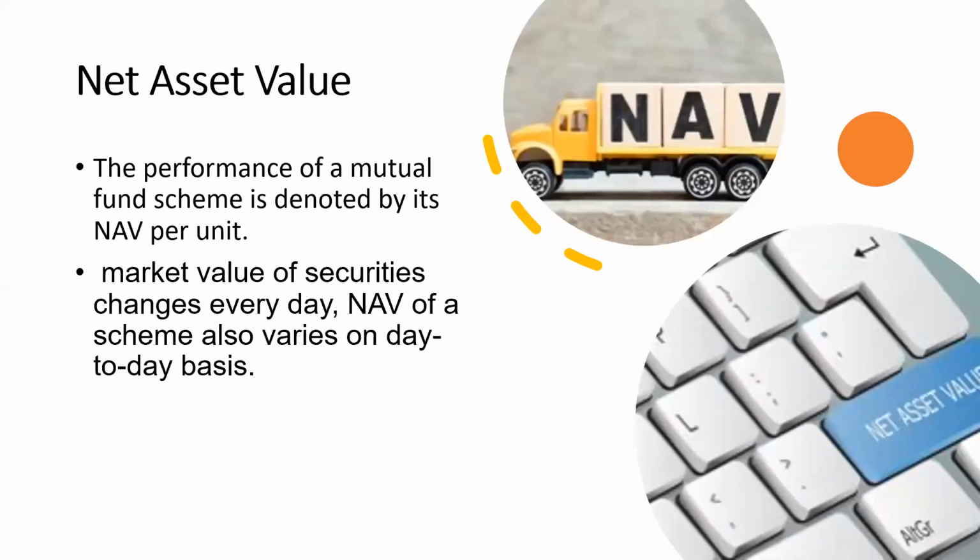So the performance of a mutual fund scheme is also denoted in its net asset value per unit. I told you that most of the transactions after the initial period will be done on the basis of net asset value, and how your mutual funds or any kind of hedge funds or any funds are performing, that performance can be denoted with the help of net asset value per unit.